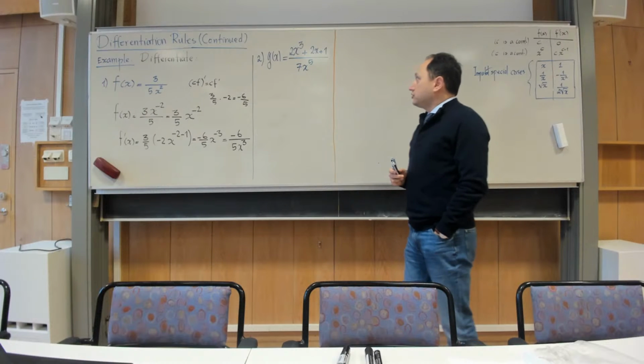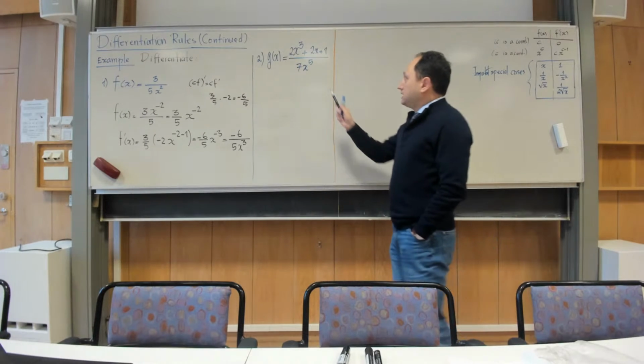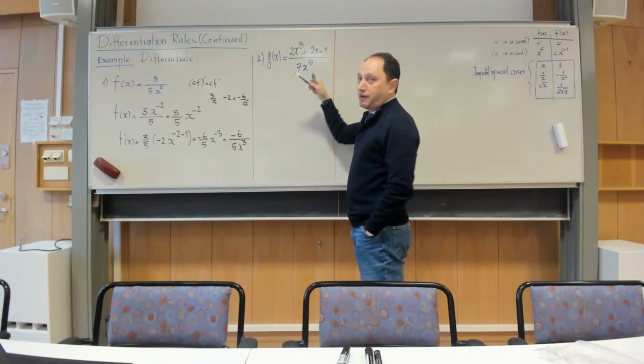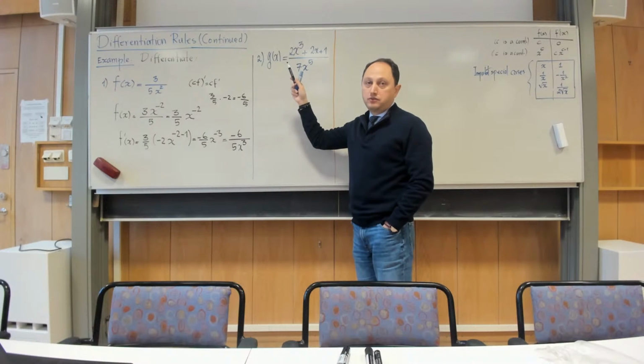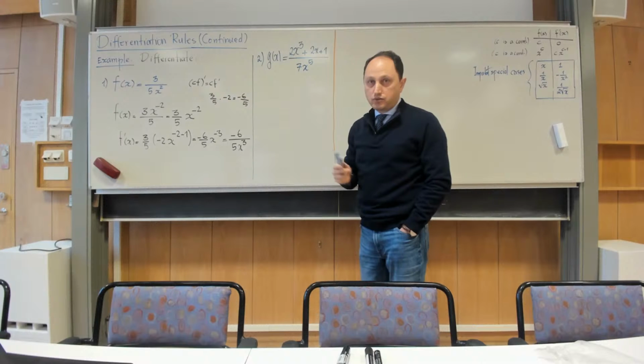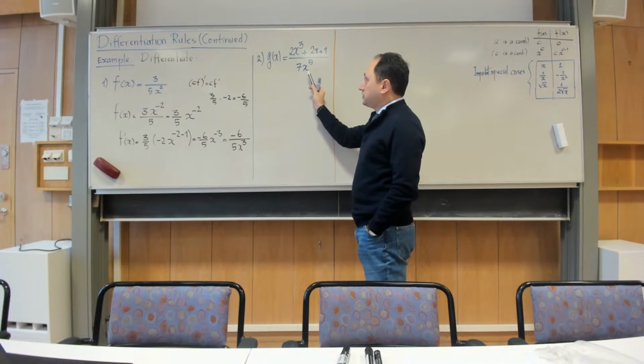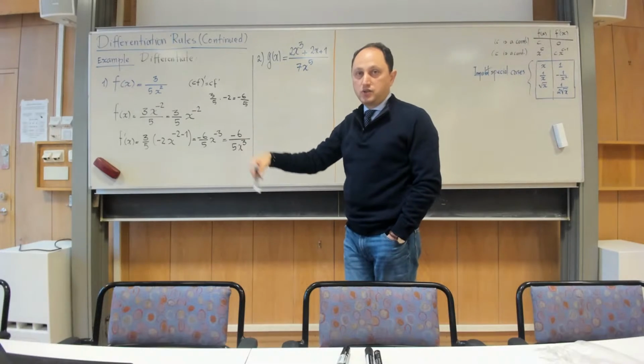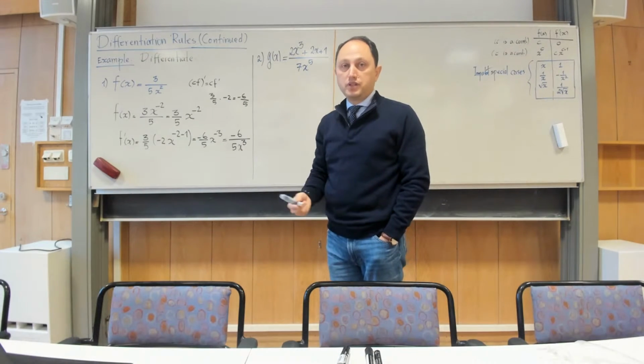So what should I do? You might say that we haven't studied that yet because that's a fraction, and we haven't studied how to take the derivative of a fraction. Yes, that's right. But this is an exception, and I want you to remember this exception. Otherwise, you will suffer a lot if you use the quotient rule.